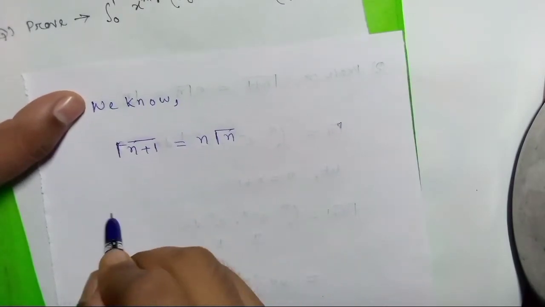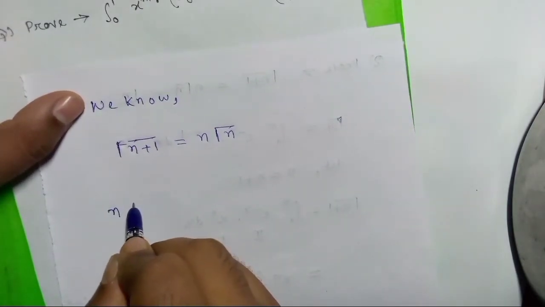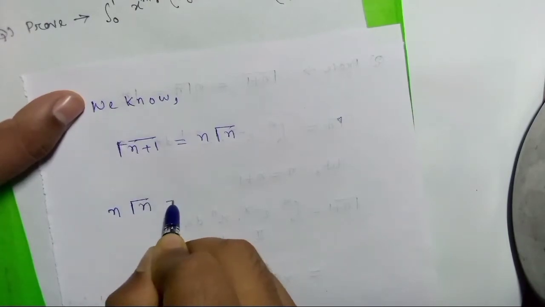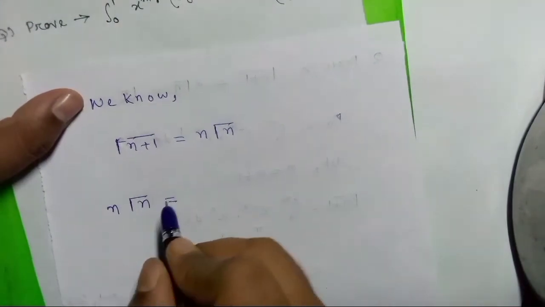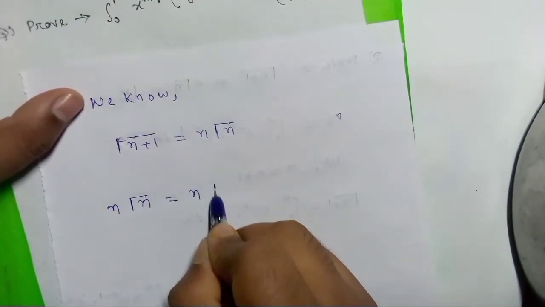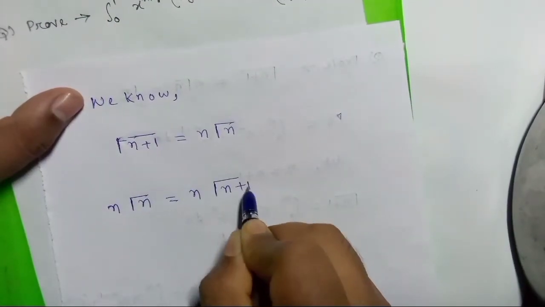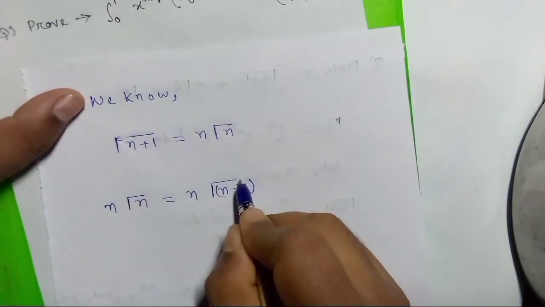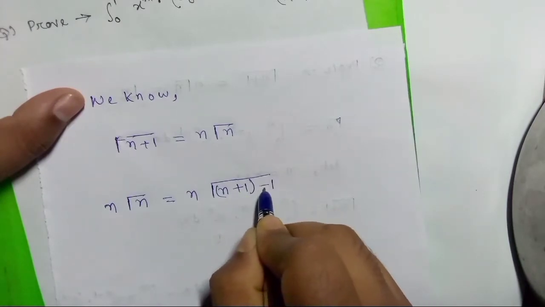Now n gamma n we can write as n times gamma of n plus 1, and this term will be written with this process as n plus 1 minus 1.